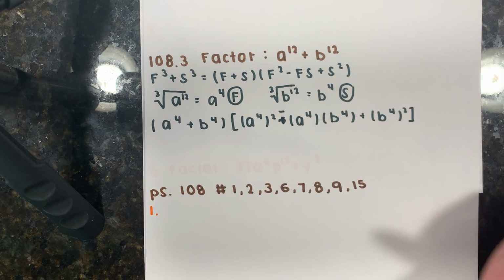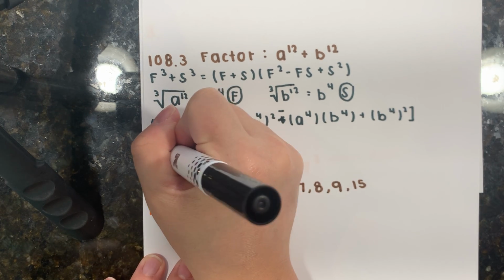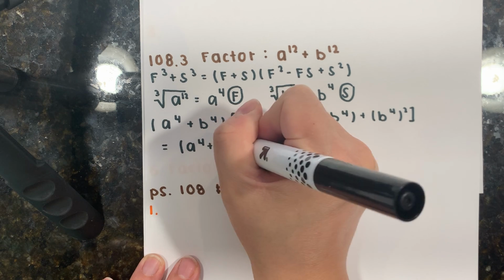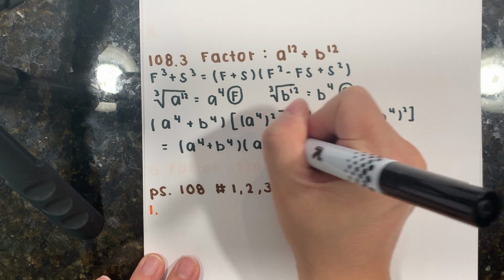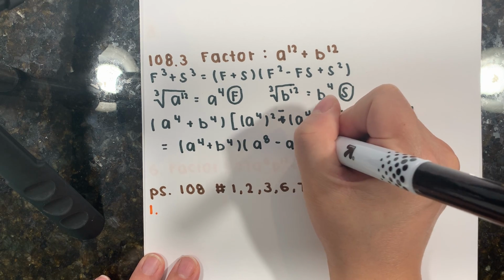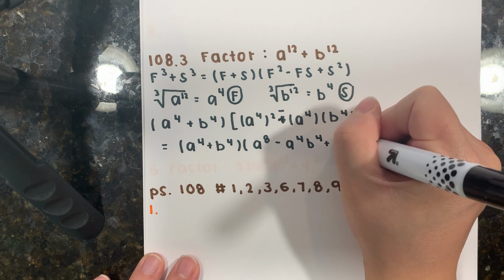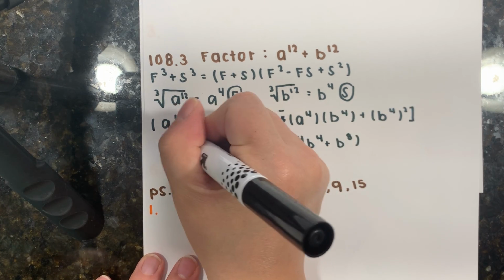Now when you square something like that, you remember you multiply those numbers together. The outside is going to stay the same, so that will still be a to the 4th plus b to the 4th. A to the 4th squared is a to the 8th, minus a to the 4th b to the 4th. Then b to the 4th squared would be b to the 8th. And then that will be your answer.